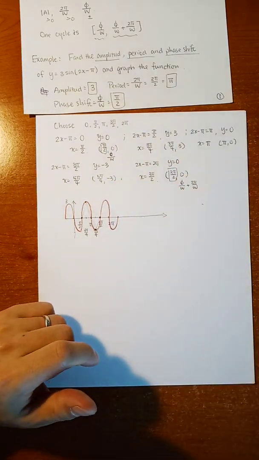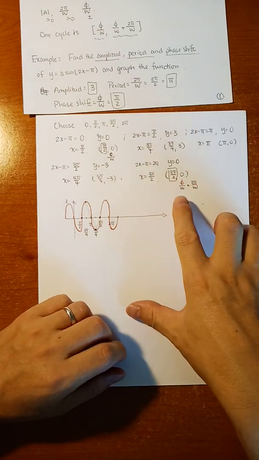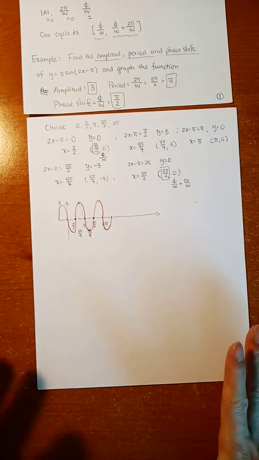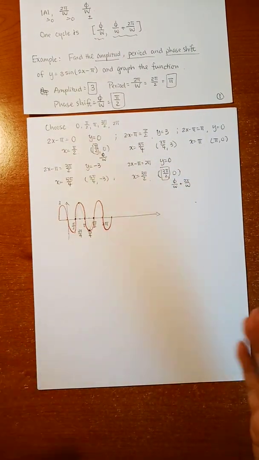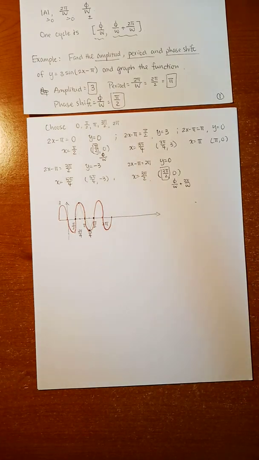Right? So that's the 5 key point method to sketch the graph of sine. Cosine is the same thing because sine and cosine share almost identical graphs.